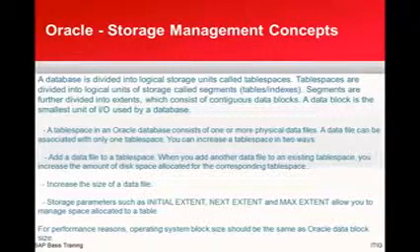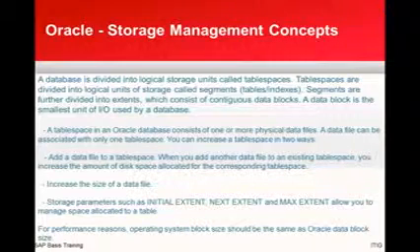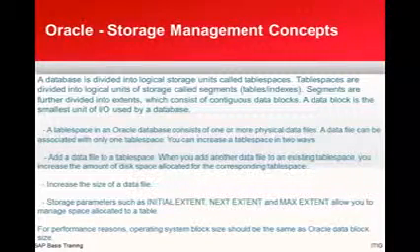Next, a table space in an Oracle database consists of one or more physical data files, so there are multiple data files on different disks. A data file can be associated with only one table space. You can increase a table space by increasing the size of a data file, or you can add a data file to a table space.